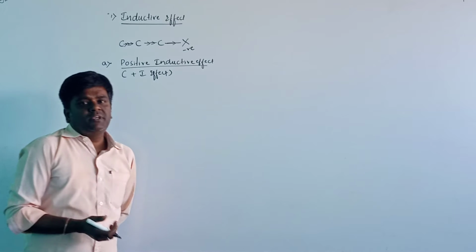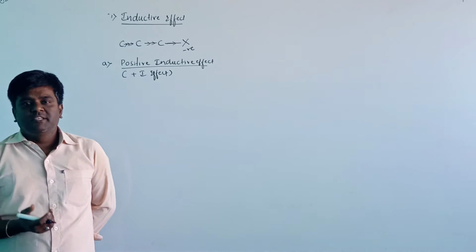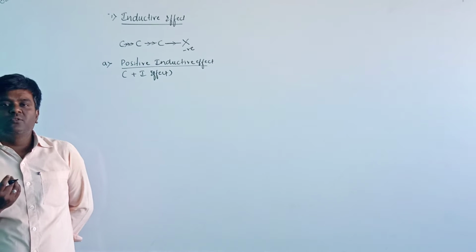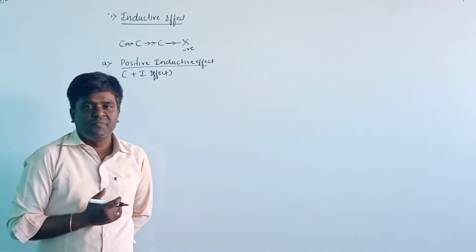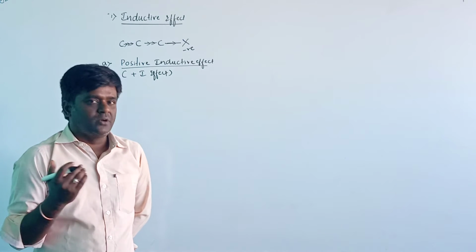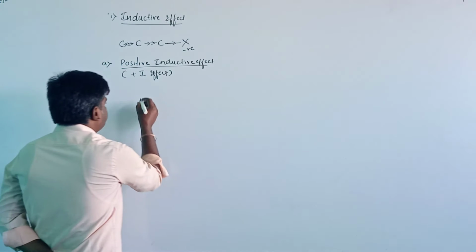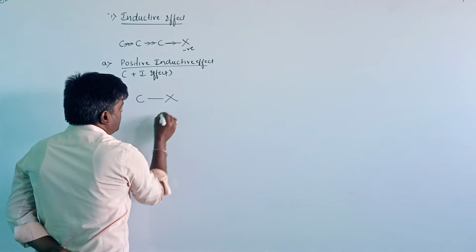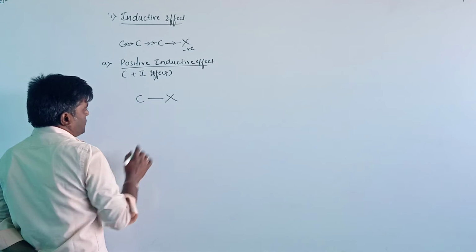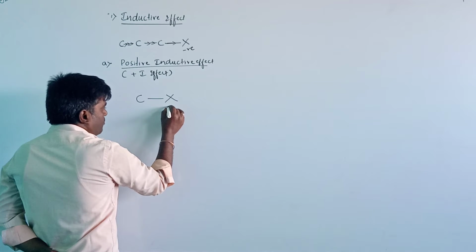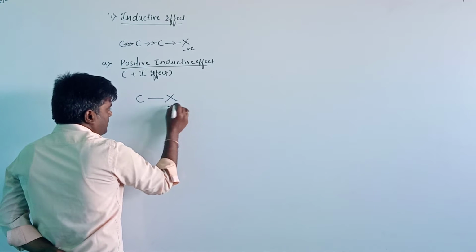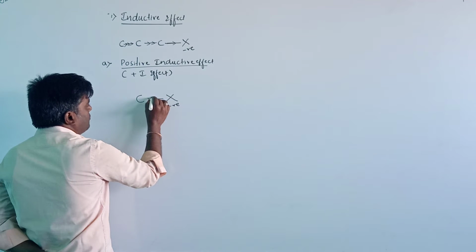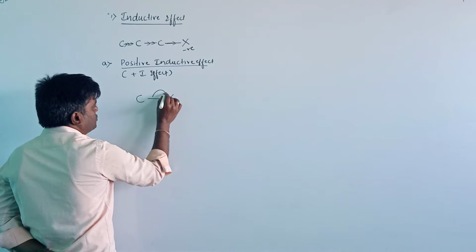The displacement of electrons takes place towards the carbon chain due to the attachment of a more electronegative species, and that is known as the positive inductive effect. Consider an example here: C and X. Consider this is the more electronegative species compared to this carbon atom. Then the displacement of electrons will take place towards the halogen.